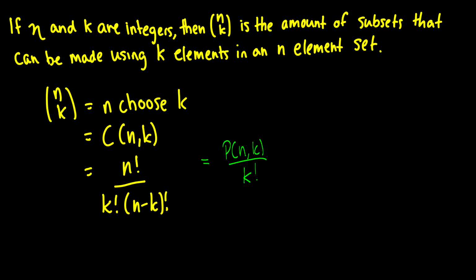So in the previous example, you saw 3 choose 2, because we wanted 2 element combinations out of a 3 total set. So with this formula, this is going to be 3 factorial over k, which is 2 factorial, and n minus k is going to be 1 factorial, which is going to just be 3.